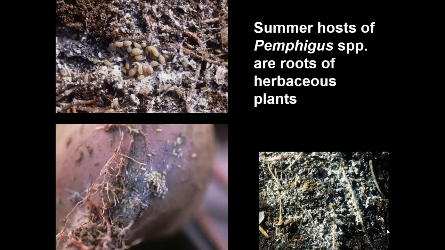It could be something related to lettuce. It could be something related to beets. What we see here are ones that are found on beets and quinoa, but they generally have a summer host that is a root feeding stage.